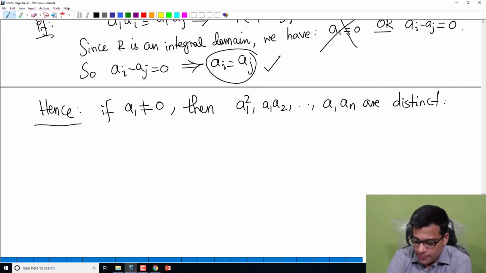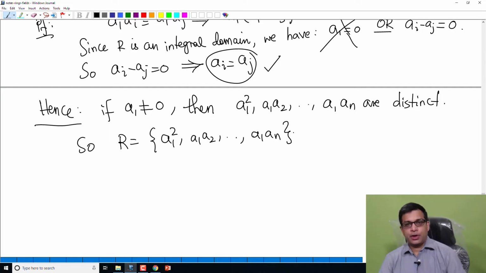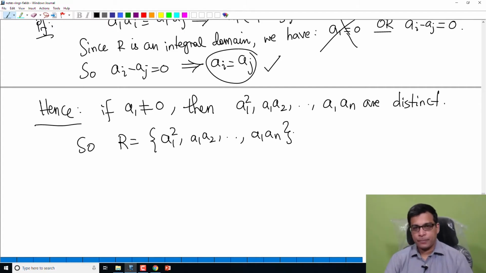Remember, because R is a ring, when you multiply elements of R, you again get elements of R. So the set A1 squared, A1 A2, ..., A1 AN is certainly a subset of R. But because R has n elements and these are n distinct elements, it must equal R.